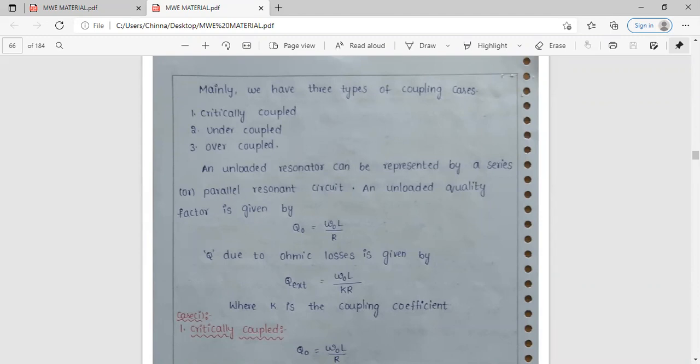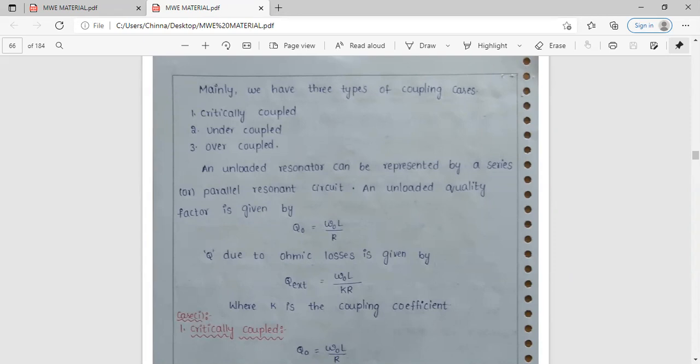So an unloaded resonator can be represented as a series or parallel resonant circuit. So the unloaded quality factor is given as Q naught is equal to W naught into L by R. The Q due to the ohmic losses is given by Q external is equal to W naught into L by KR.